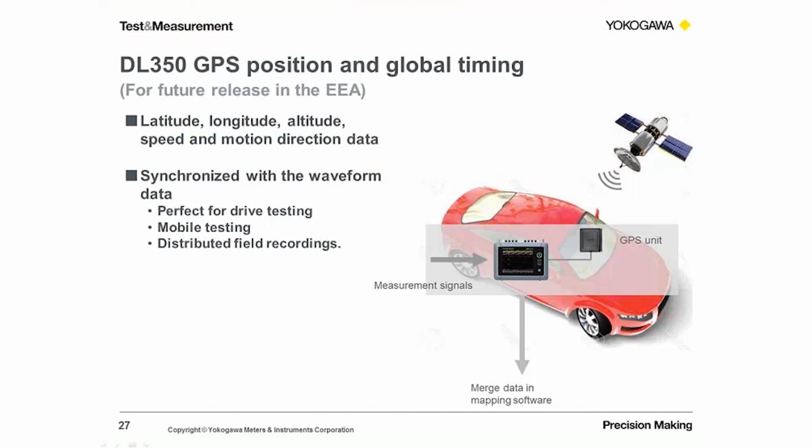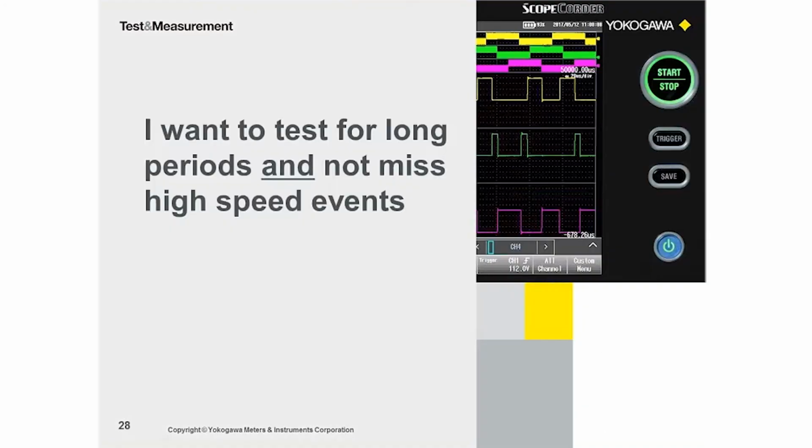Let's talk a little bit now about some specific features which apply to the bench instrument, the DL850E and DL850EV, which basically means that if you're using it for very long-term durability testing, this can be dangerous if you're also looking for what happens over very short periods of time.